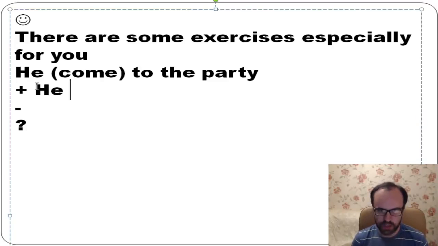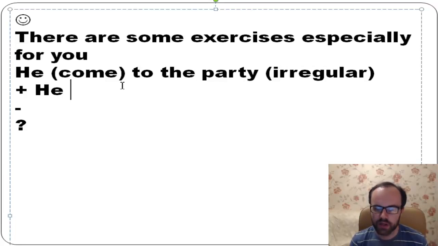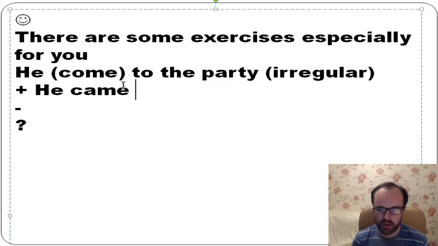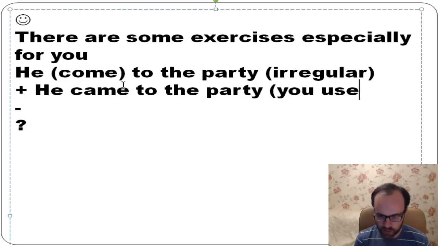Here, this verb is irregular. Come, came. So he came to the party. You use the second form.